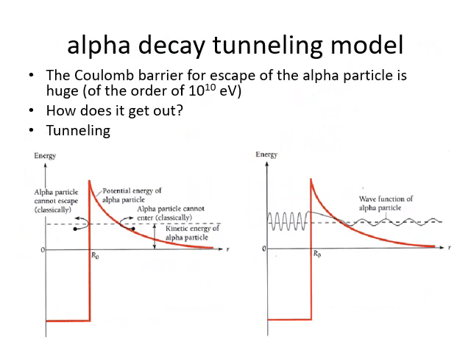So the actual analysis of what goes on is that we can think of our protons and neutrons as being in a quantum well. And when they're inside the quantum well, what forms the quantum well is the strong interaction with the neighbors.